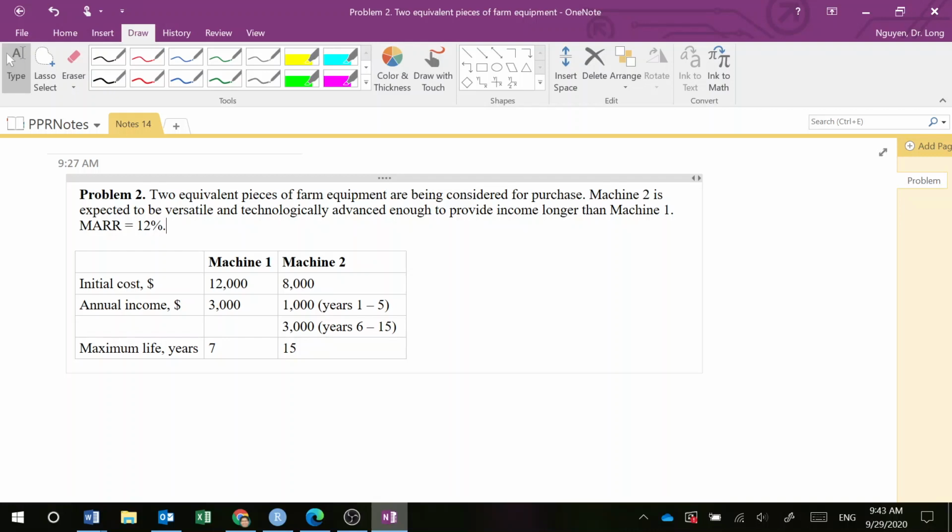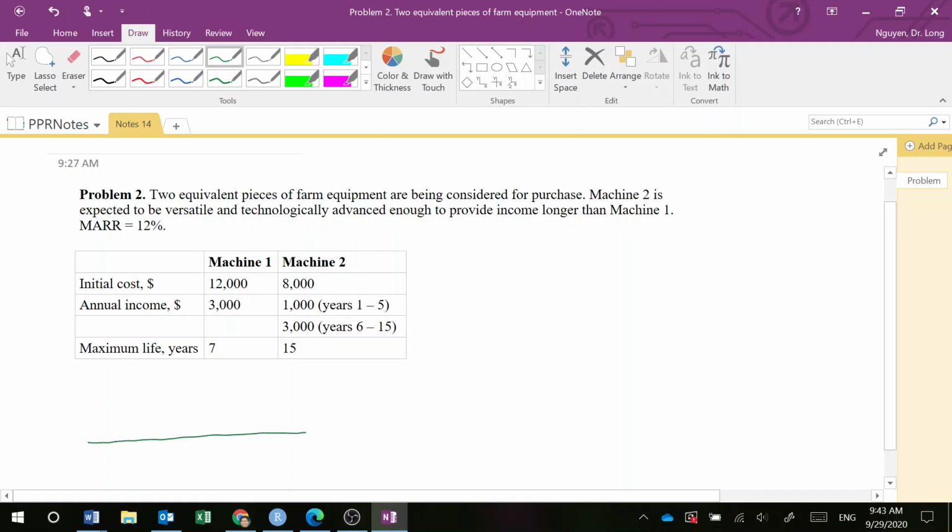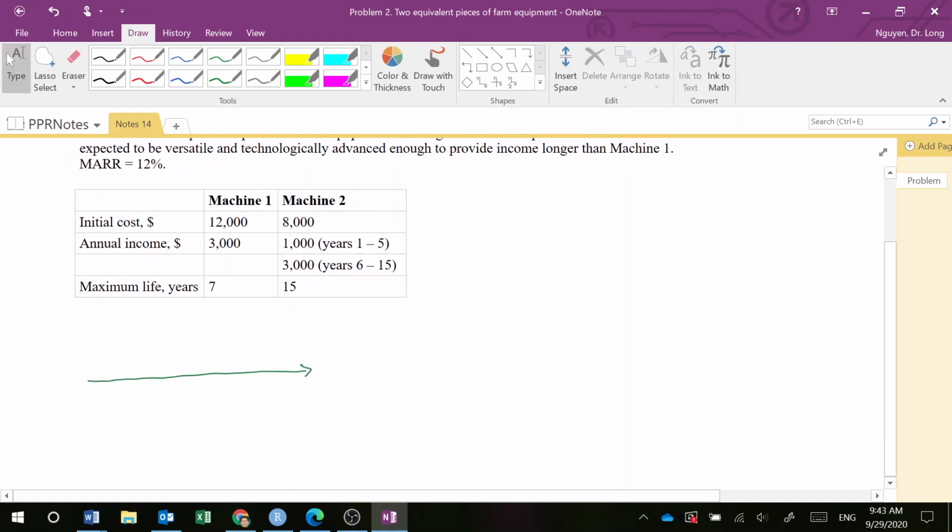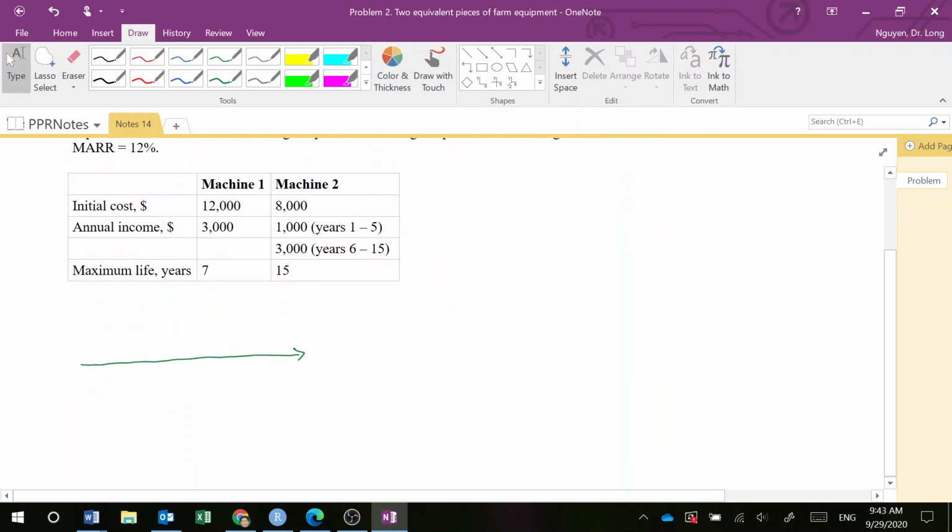So first, we draw the diagram for each, Machine 1 and Machine 2. For Machine 1, the initial cost is 12,000, going down. Then we have the annual income of 3,000, so income goes up, for 7 years.